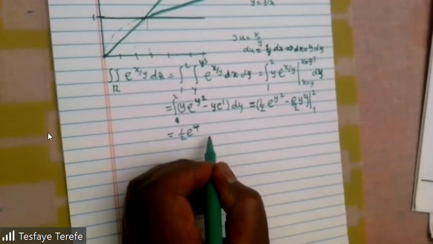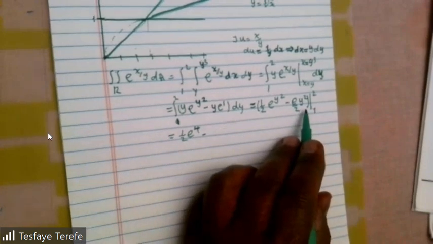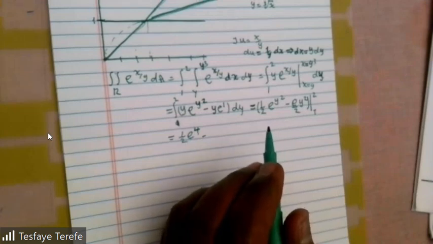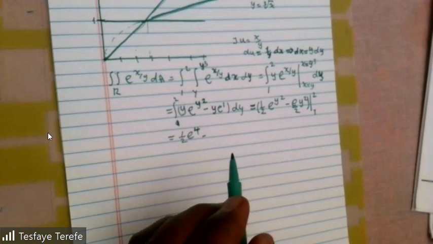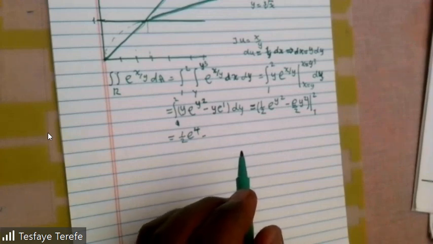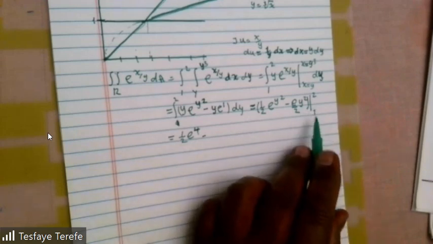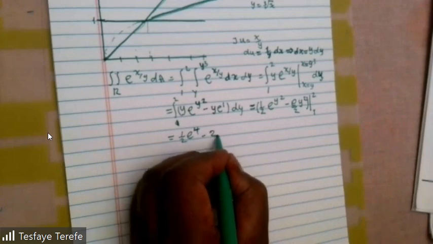Minus, when I put 1, 1 squared is 1, therefore I am going to have 1/2 e. Oh, 2 squared is 4, 4 over 2 is 2. So 2e.